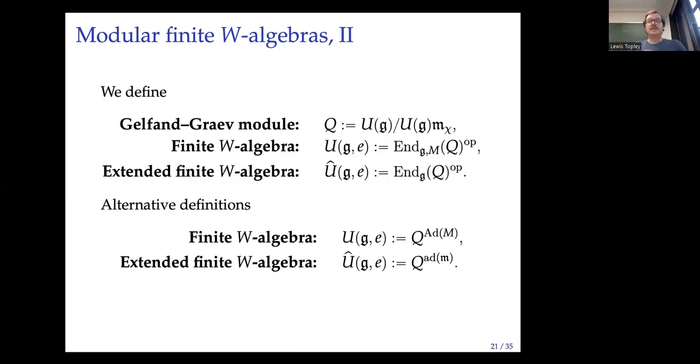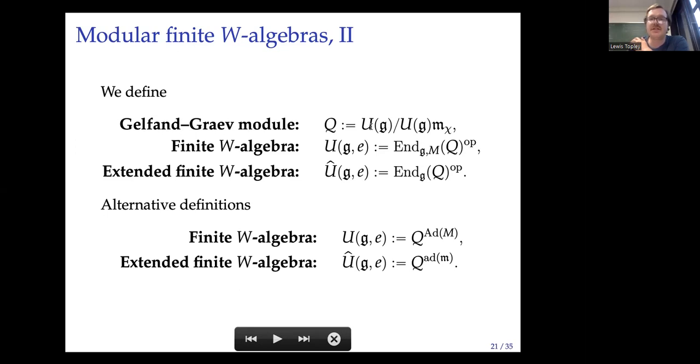So let's state the definitions of W-algebras without the word restricted. So the Gelfand-Graev module is this induced module, which can be expressed in the way I've written it here. It's the quotient by this left ideal. So exactly the definition I wrote before, but without the chi.